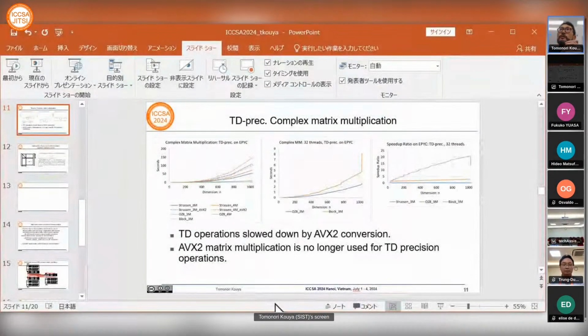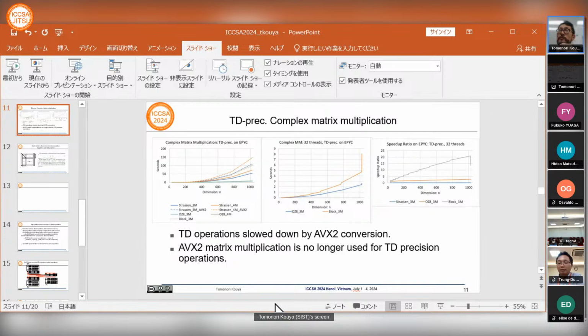I have already received a useful comment about this inefficiency of triple double precision computation.